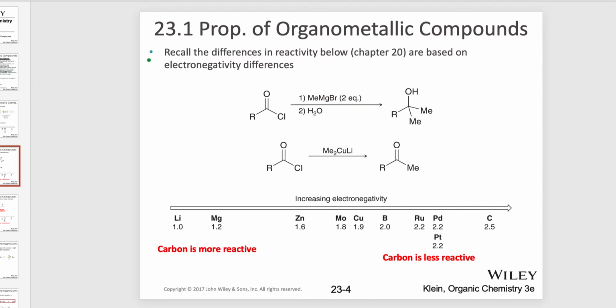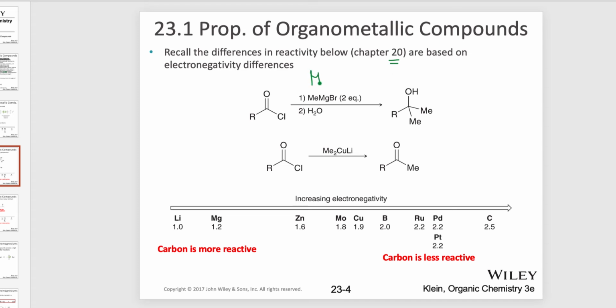On this slide here, as we're looking at the properties of organometallic compounds, we want to recall the differences in reactivity. This was also addressed in Chapter 20. Remember that we had used acid chlorides, a carboxylic acid derivative, in the presence of a Grignard reagent, and we had learned that this is basically a vehicle for generating a very strong nucleophile.